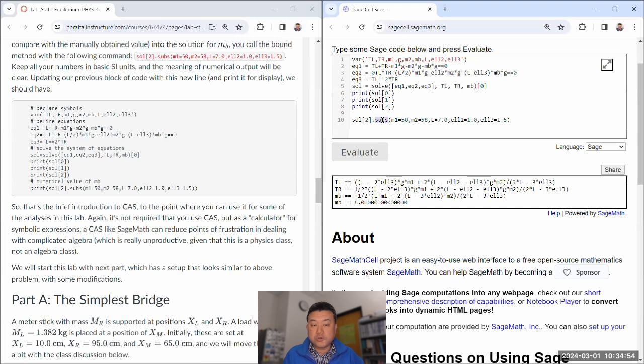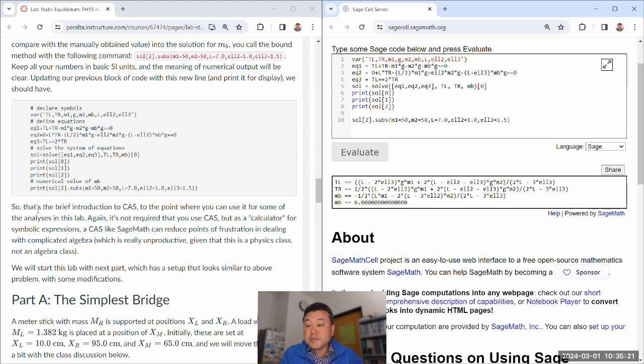Those automate some of the tedious tasks and make it clearer whether I made a mistake or not. If I plug in M1 equals 40 instead of 50 by mistake, if you see me plug it into this expression, it might be hard to notice after that L times M1 was 40 instead of 50. But in this syntax, you can clearly see, oh yeah, that was supposed to be 50, not 40.